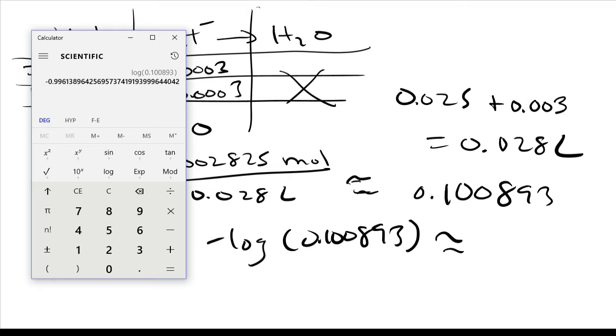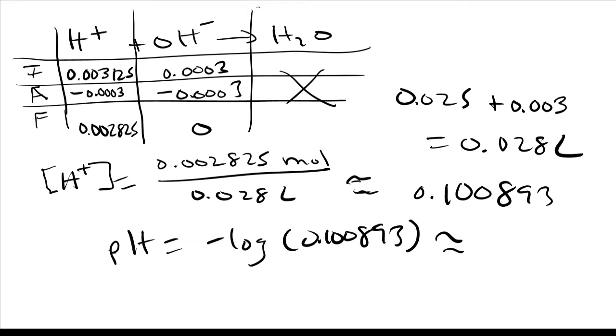Okay, let's put that away. Alright, so the value is about -1. So we're just going to round it to -1. Oh, I'm sorry, +1. Okay, so we got +1 for the pH.